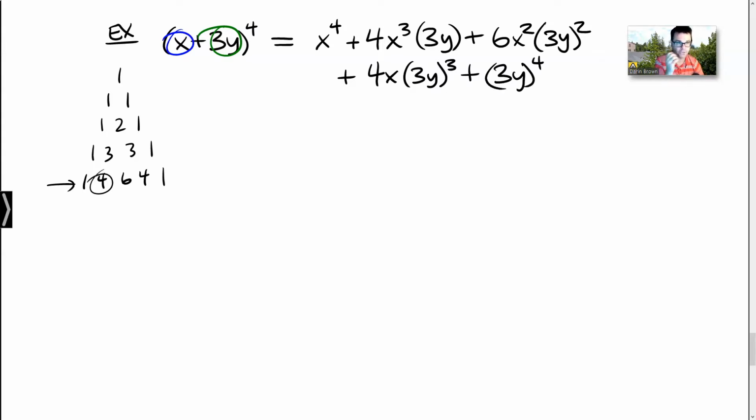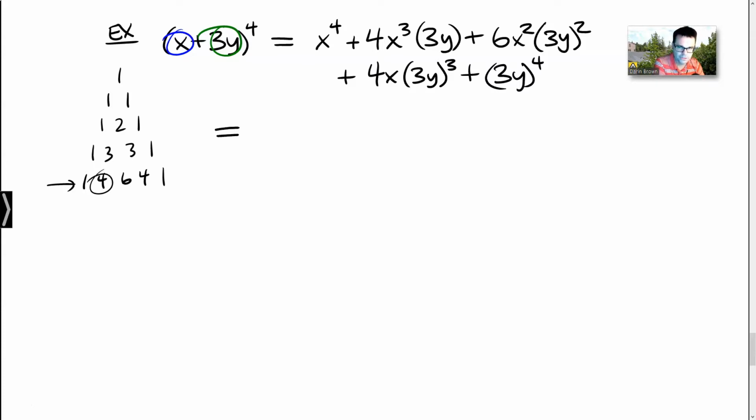So look at the pattern here. You've got the coefficients 1, 4, 6, 4, 1. You've got x to the 4th reducing in power: x to the 4th, x cubed, x squared, x to the 1st, and then no x. And then you've got the increasing powers of 3y.